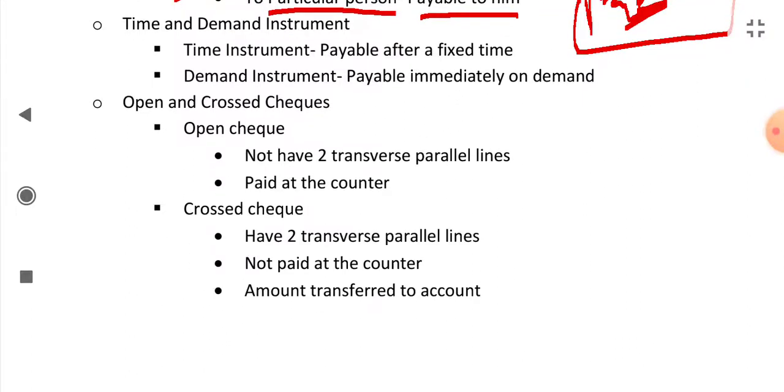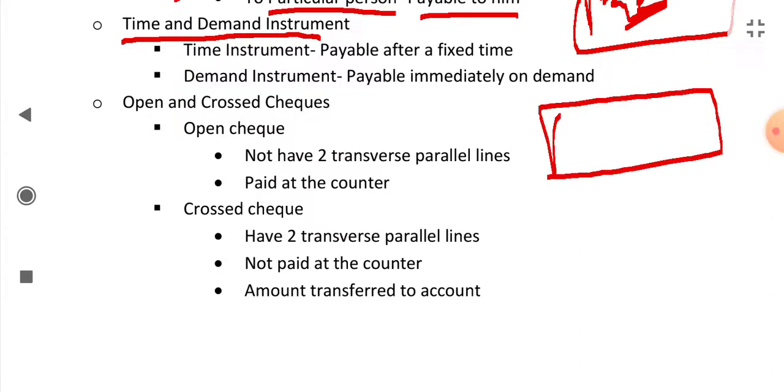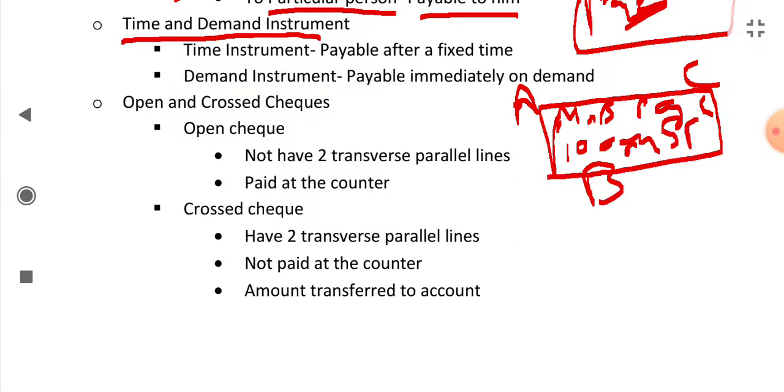Then there are time and demand instruments. What are time and demand instruments? Let's see. For example, there is a bill of exchange in which A is the drawer, B is the acceptor, and A is doing it for C. In the bill of exchange, A says, "Mr. B, pay C 100 rupees on 5 February."